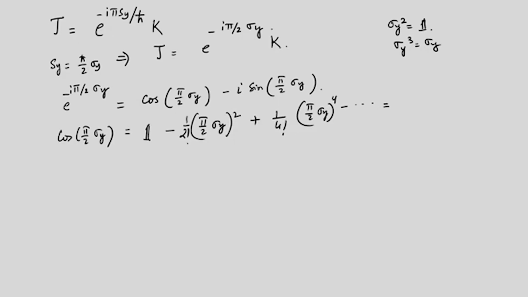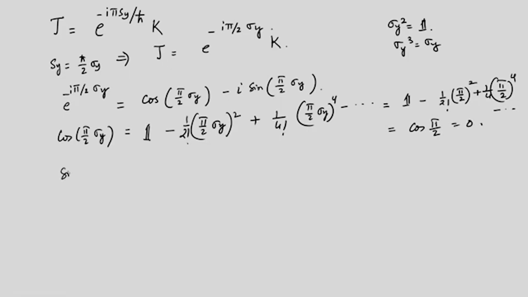So, this becomes 1 minus 1 by 2 factorial times pi by 2 square, plus 1 by 4 factorial times pi by 2 whole to the power 4, and so on, and this is nothing but cosine of pi by 2, which is equal to 0. Okay.